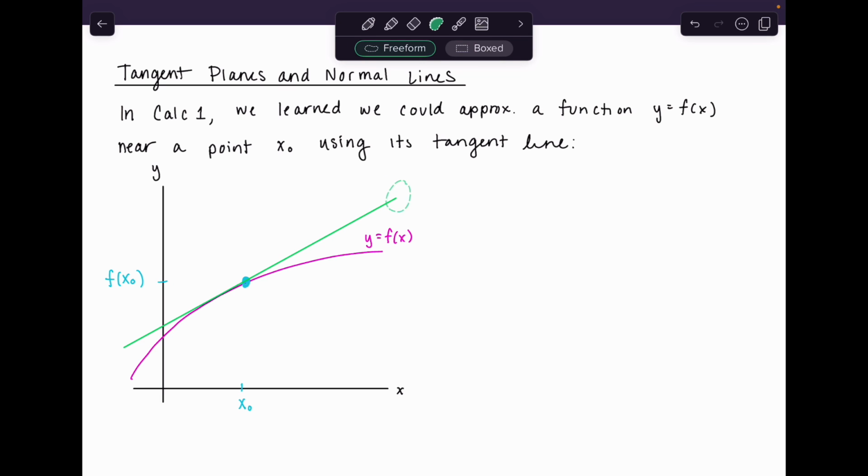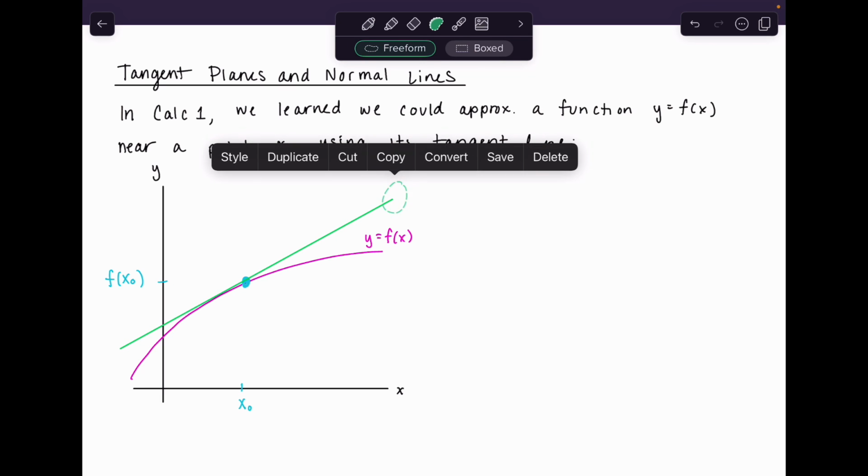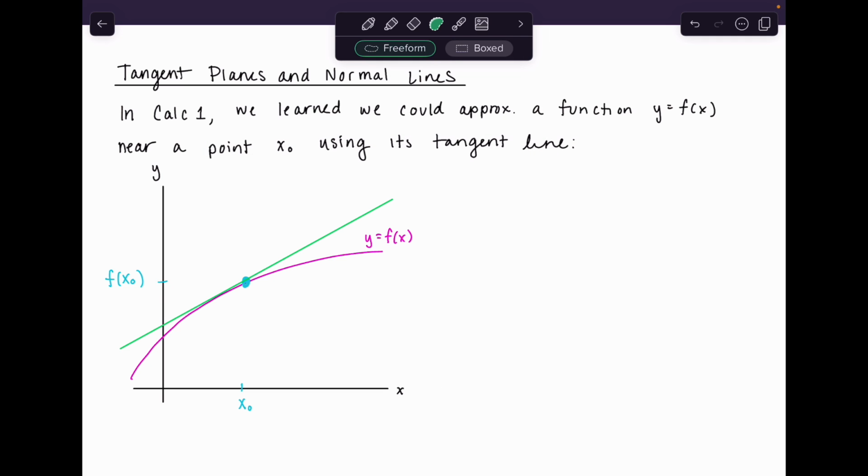Just gonna move this a little bit so it's a little bit nicer. There we go. So we could use the tangent line because nearby the gap in between the function and the tangent line wasn't that big. And so if you wanted the equation of this tangent line, we can find that pretty quickly.